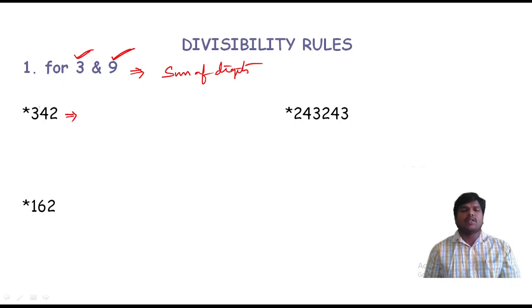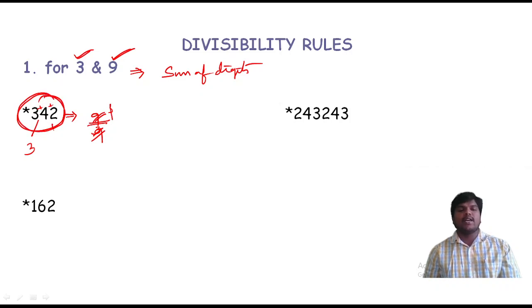What is the sum of the digits? 3 plus 4 plus 2: 3 plus 4 is 7, 7 plus 2 is 9. Is 9 divisible by 3? 3 threes are 9. So this number is exactly divisible by 3. Very simple. And 9 is also divisible by 9, 9 ones are 9.